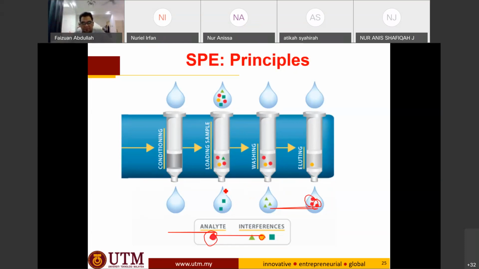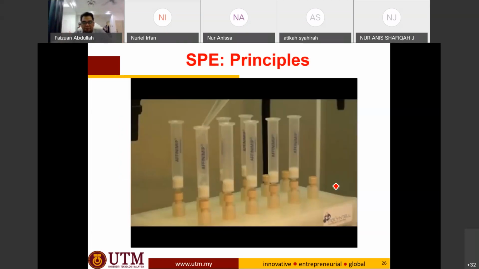You can see here we just filter out the green rectangle, okay, this is the interference, and then we filter out the green triangle, which is also the interference, and then we can also filter the analyte. Okay, this is how it looks like.